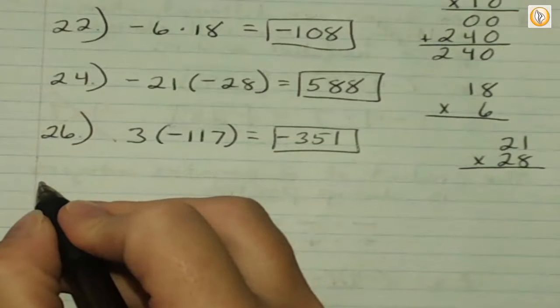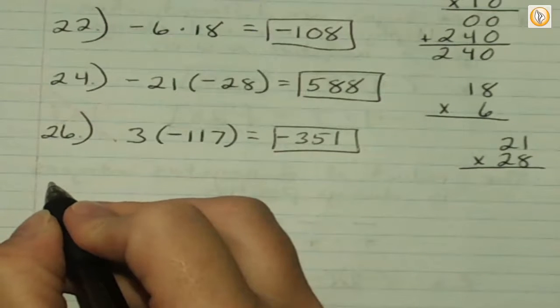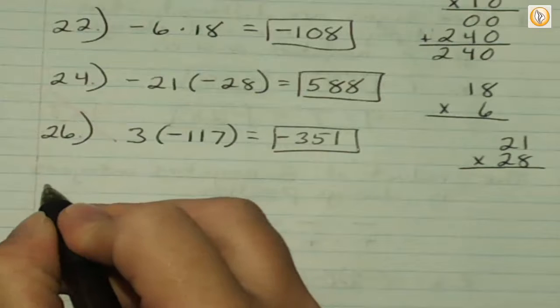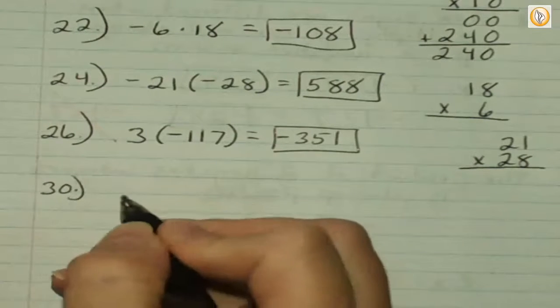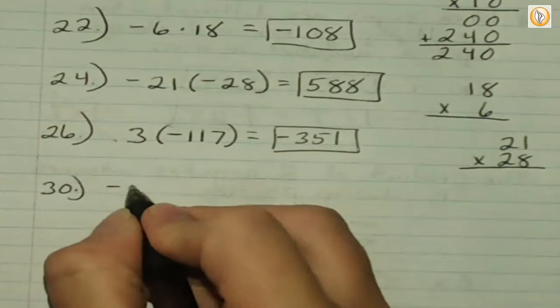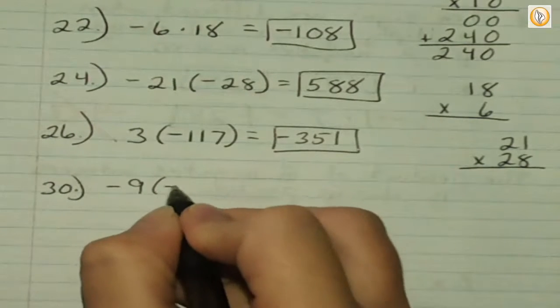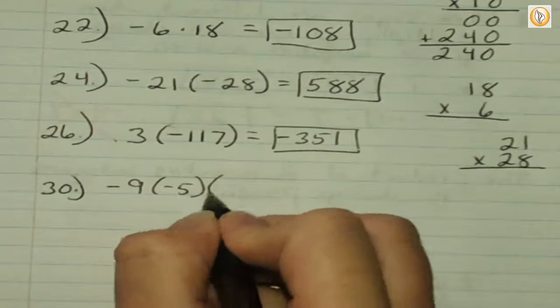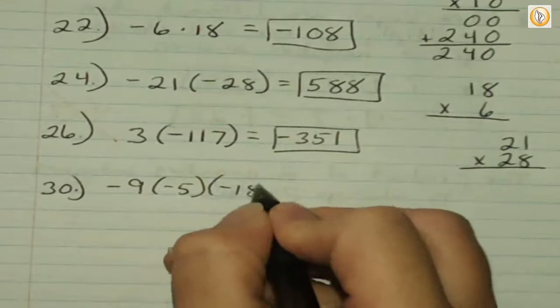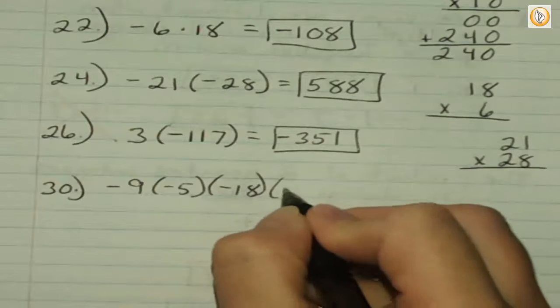All right, drop down to number 30. Negative 9 times negative 5 times negative 18 times negative 1.